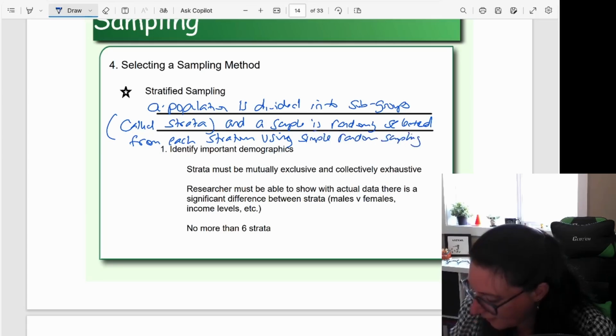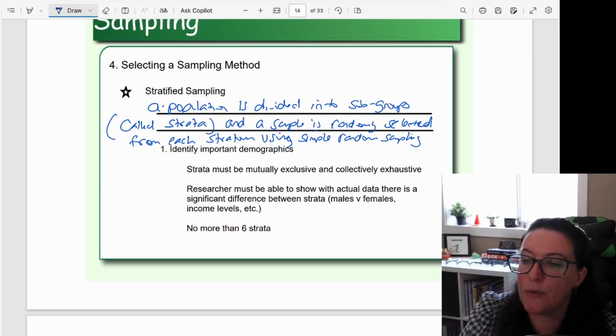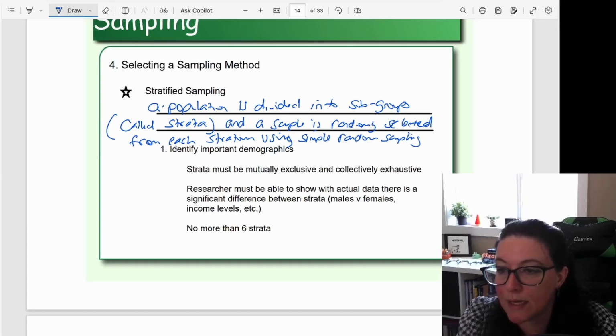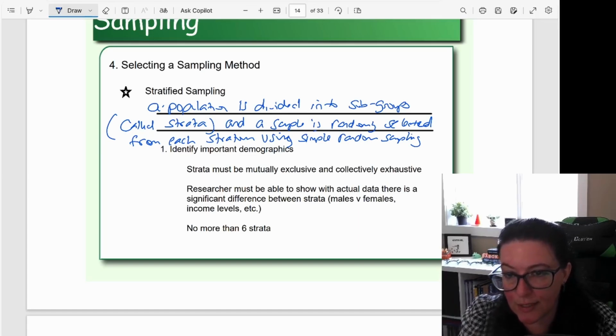I'd randomly choose some people from the first year list, some from the second year's list, from the third year's list, and the fourth year's list.